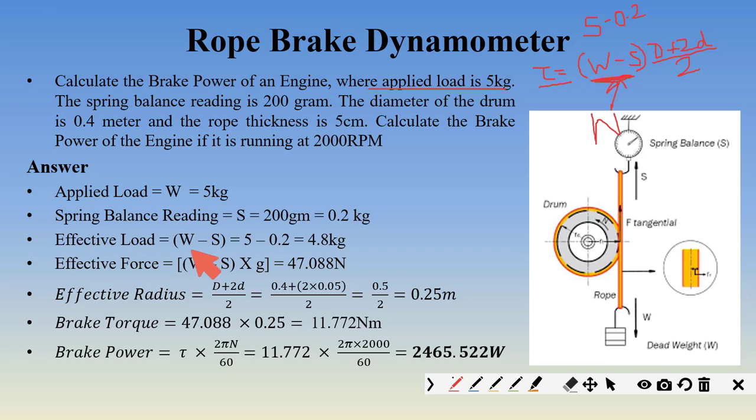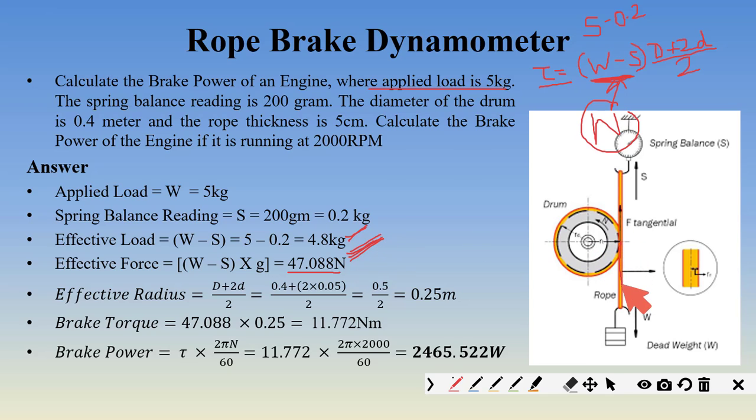Effective load is W minus S. So 5 minus 0.2 is 4.8 kg. Now it is in kg, but we want it in newtons. To convert mass into force, we multiply it by acceleration due to gravity. So multiplying W minus S by g, we get 47.088 newtons. This is the braking force which is being applied.